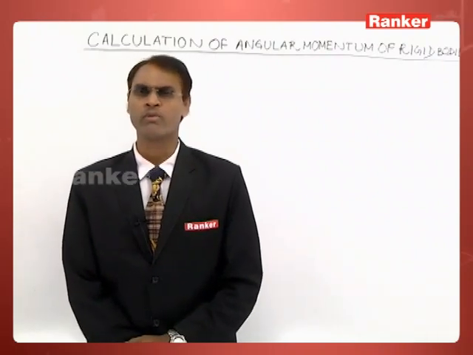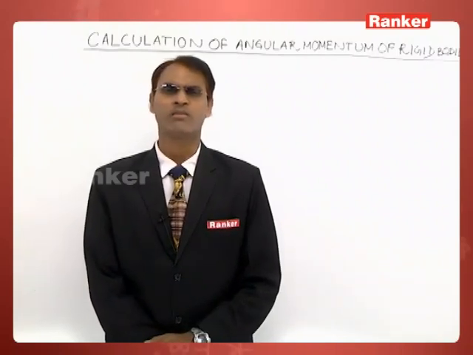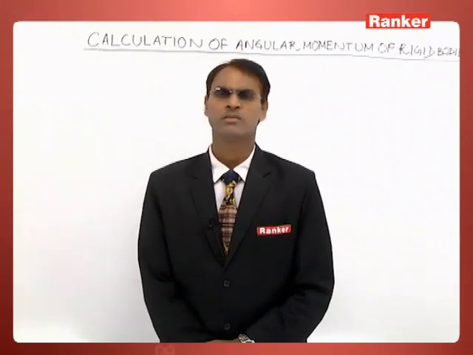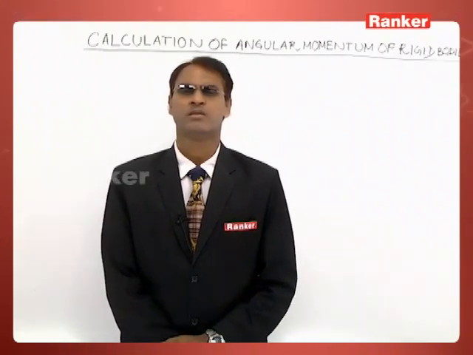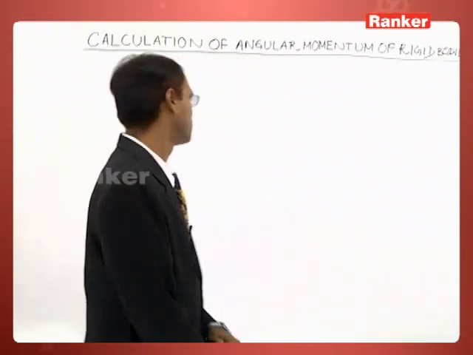So if you add these two angular momenta, we can get the net angular momentum of the rigid object. That is what we have to write in the form of mathematics.